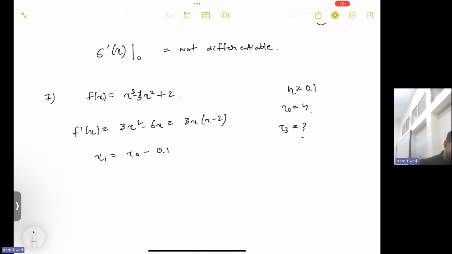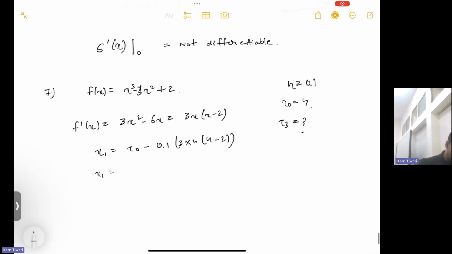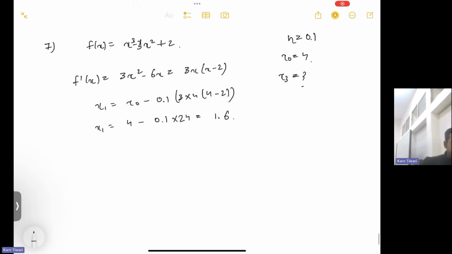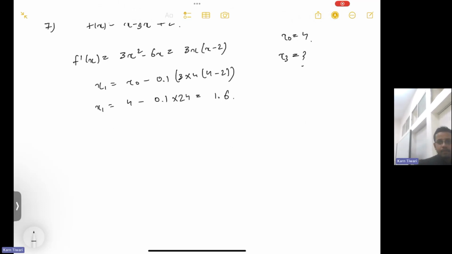Add that particular 4: 3 cross 4, 4 minus 2. x1 equals 4 minus 0.1 times 3 times 12, 12 times 2 is 24, 24 into 0.1 is 2.4, so that is equivalent to 1.6. Okay, so that's after the first iteration.